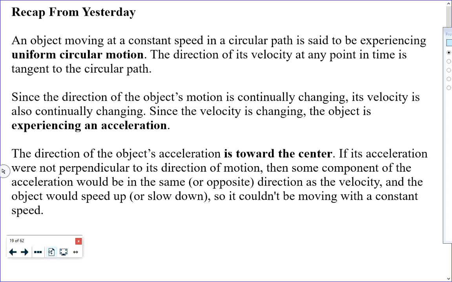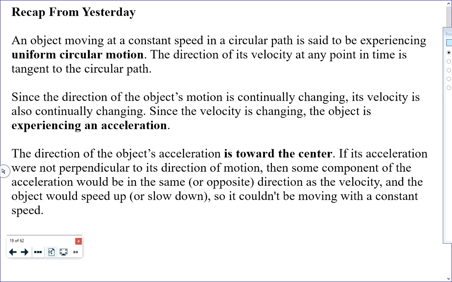If I'm traveling in this direction and there is an acceleration in that direction, I will slow down, right? What about if I'm traveling in this direction and there's an acceleration this way? Will I speed up? Yes, because some of that acceleration is in the direction that I'm moving. There's only one direction for an acceleration that wouldn't increase or decrease my velocity, and that is this one.